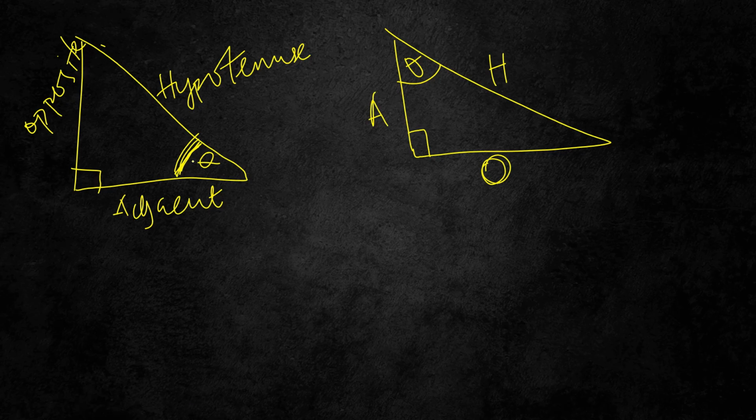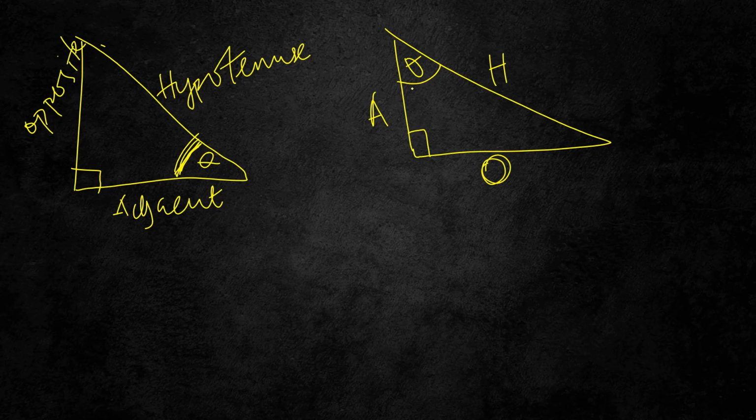So initially when I had the angle over here, this was the opposite, this is the adjacent. Now if I take my angle up here, this side is rather next to my angle, so that becomes the adjacent. And this side is opposite to the angle under consideration. That is the opposite.